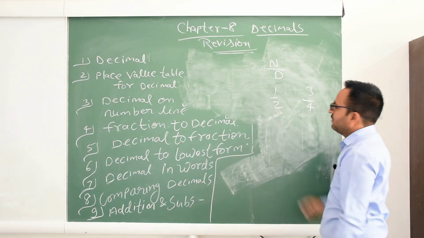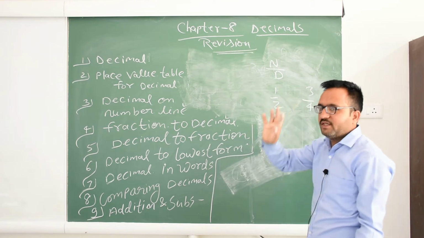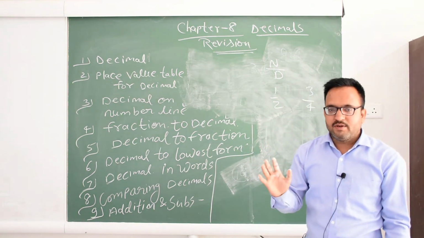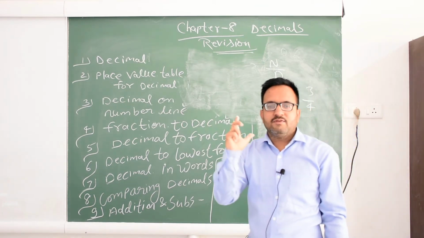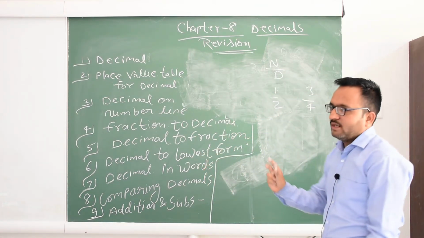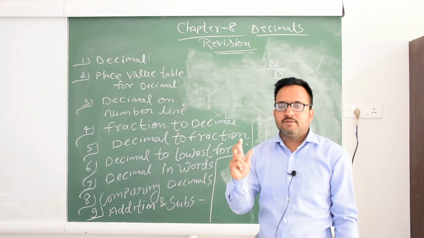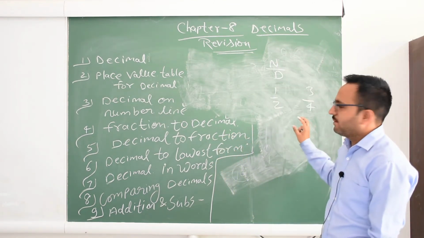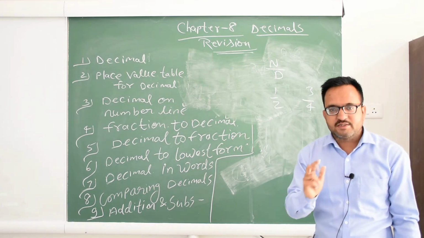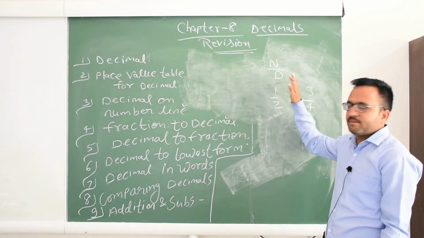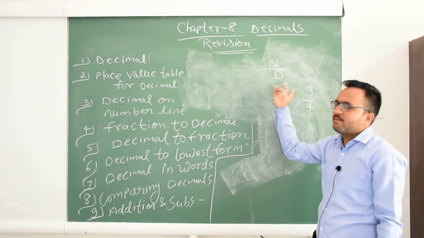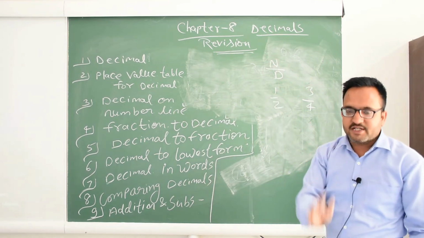A fraction is a part of a whole, a piece of a whole, like a piece of cake or a piece of chapati, which is the best example of fractions.